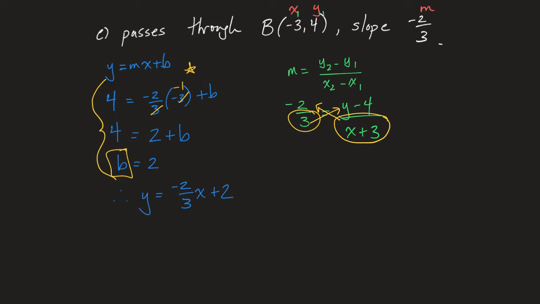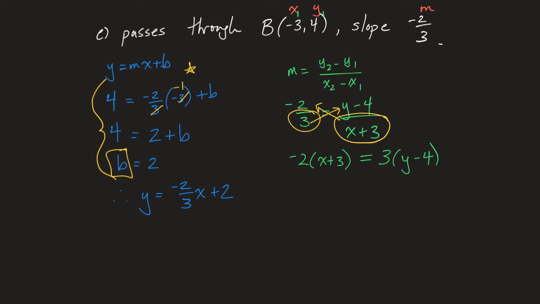We should be able to see on the screen why our next step is going to be to cross multiply. So I'm going to take my negative 2 and I'm going to multiply it by x plus 3. That's equal to, make sure you have an equals in there still, it's still an equation, my 3, and I'm going to multiply that by all of y minus 4.